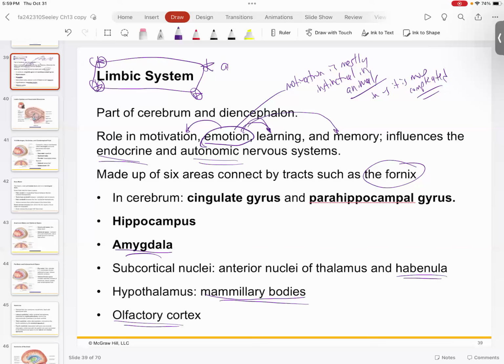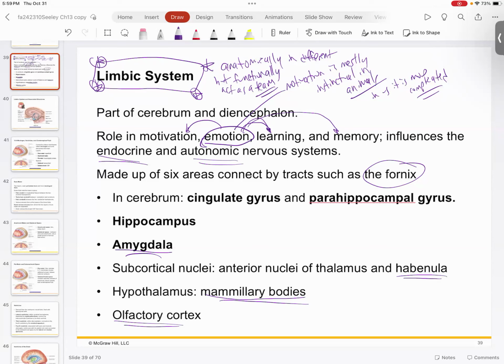So anatomically, these things are in different places, but they functionally act as a team. So it's kind of like a network, right?